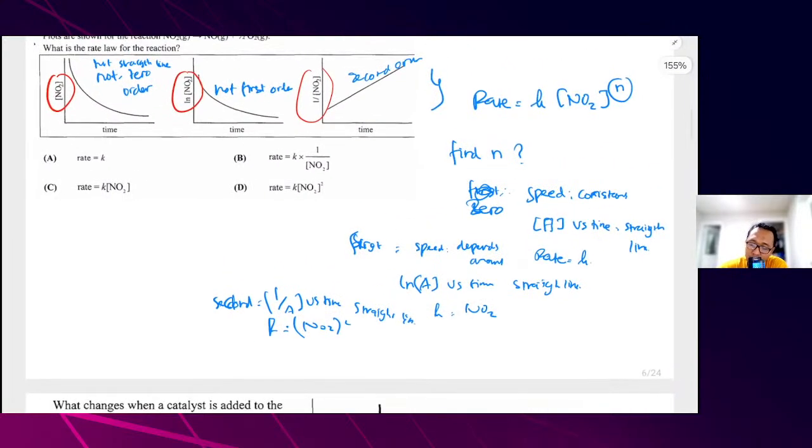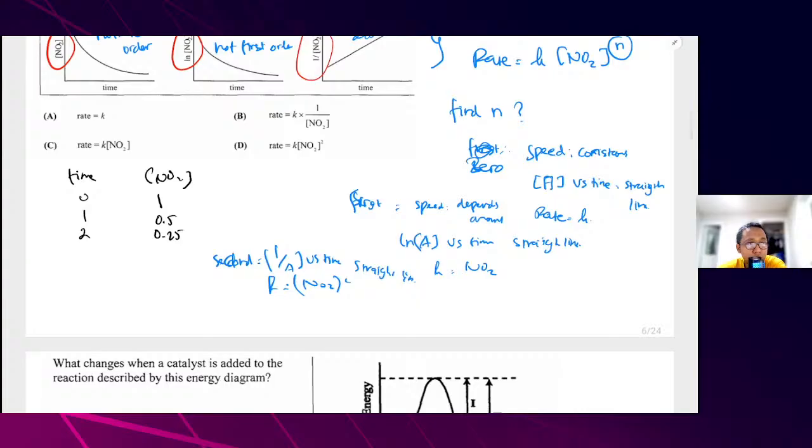Let's say we have time 0, 1, 2, and the concentration of NO2 initially is 1, then 0.5, and then 0.25. Now try zero order. If zero order, the rate is k.